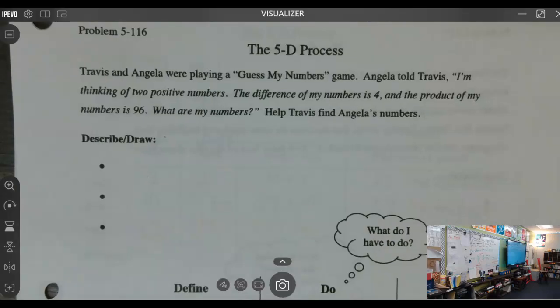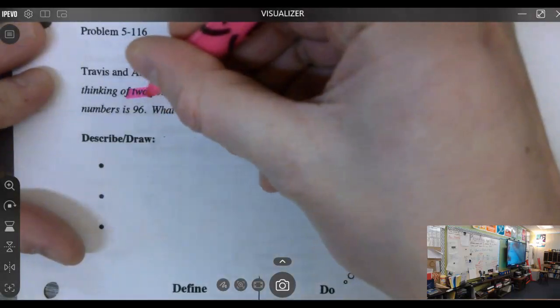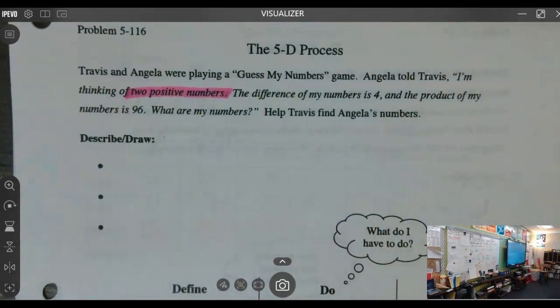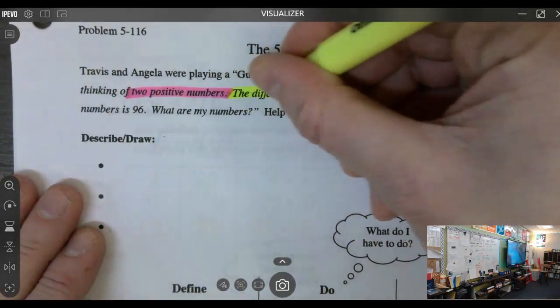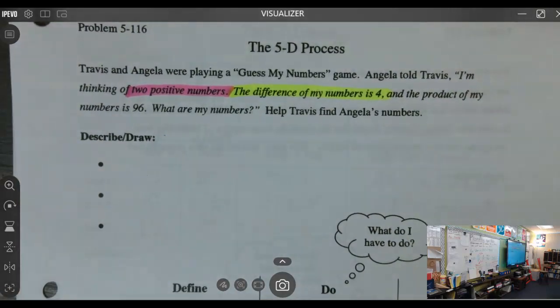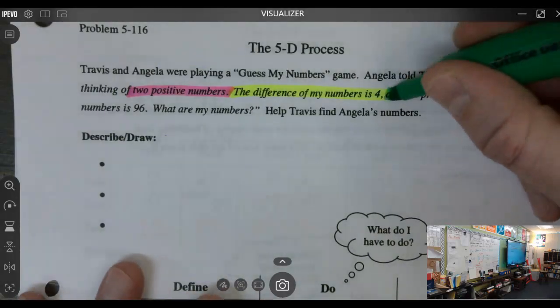Ooh, difference. Oh, we have a lot of vocab up here.